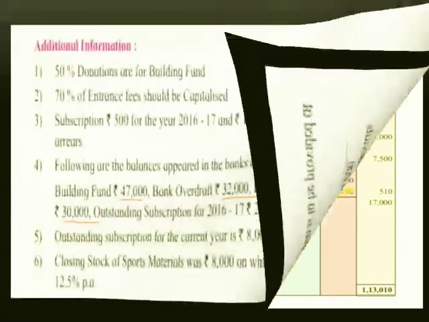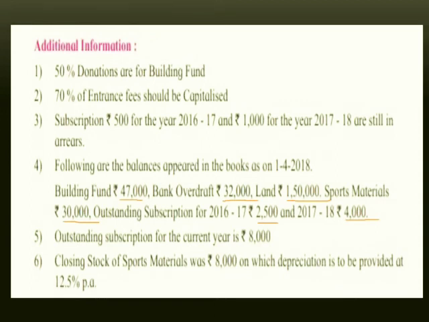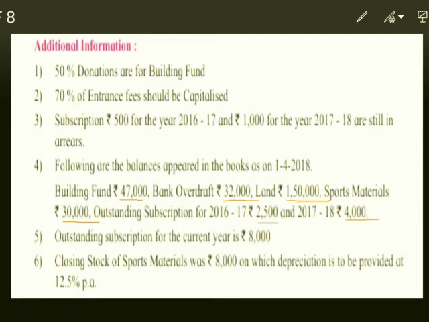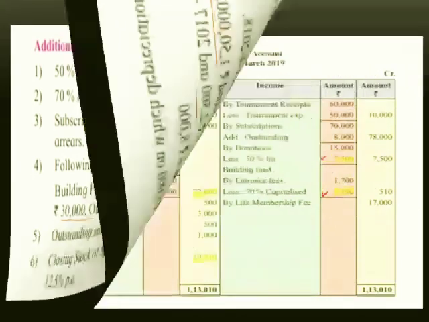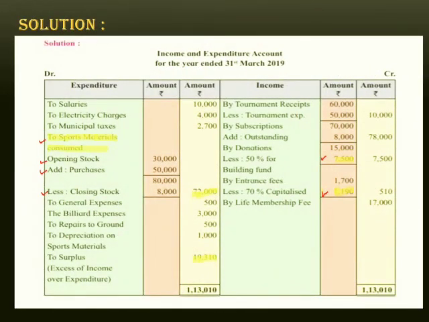What is the first adjustment? 50% donations are for building fund. Now what will we do? See here, donation 15,000 is given, less 50% for building fund.